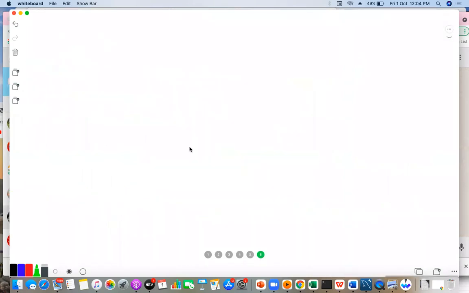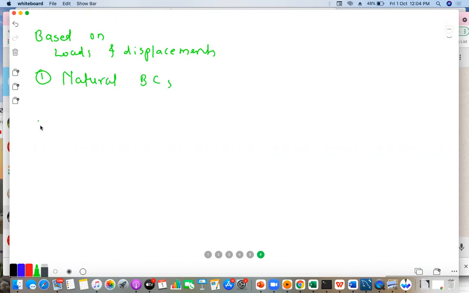Now, based on the loads and displacement, I have first the natural boundary conditions, and second the essential boundary conditions.